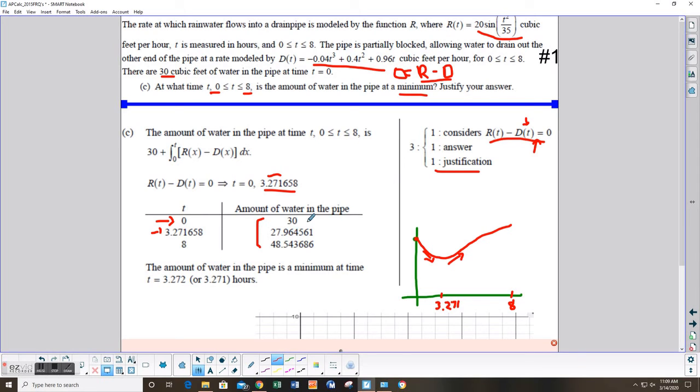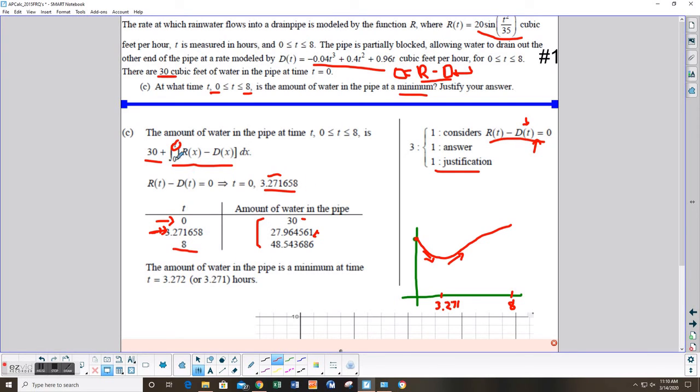So the first 30 I got from the given. This amount I got was basically calculating the initial amount plus the integral from 0 to t, and I would have stored my t value as this 3.271 or 272, and that would have been found on my calculator by doing this calculation and storing it as a 0. And then 8, of course, is your endpoint.